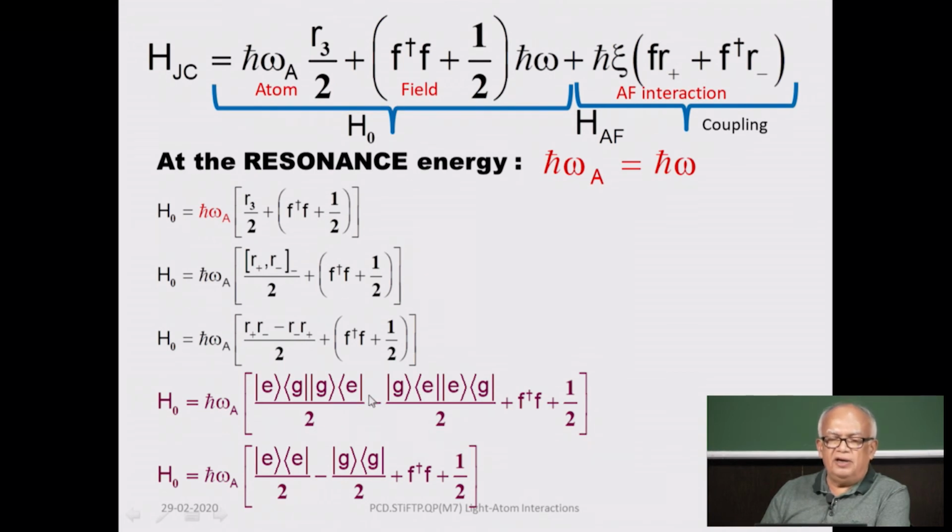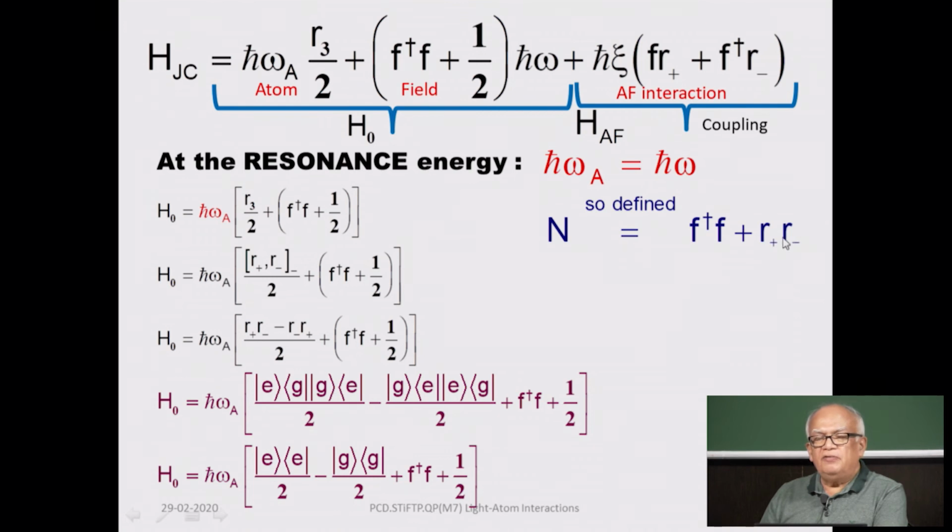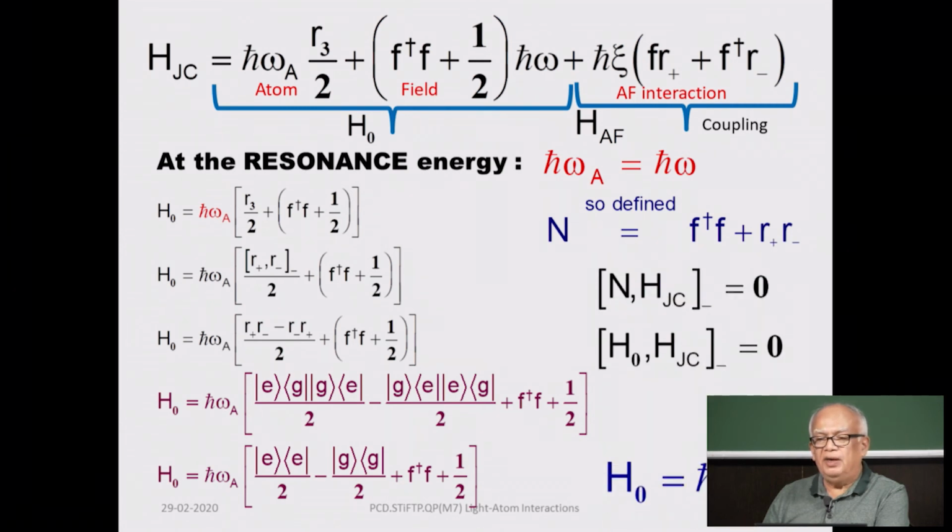This is the part corresponding to the atom and the field, and this is the part corresponding to the atom field interaction. So, we define an operator which is n, which is the sum of this number operator for the field and a similar operator for the raising and lowering operators for the atomic excitation and de-excitation. Okay?